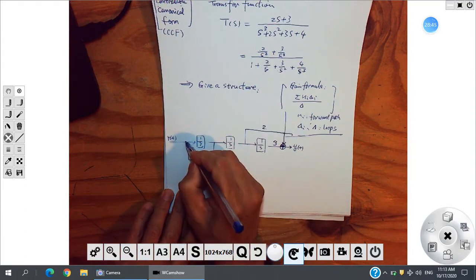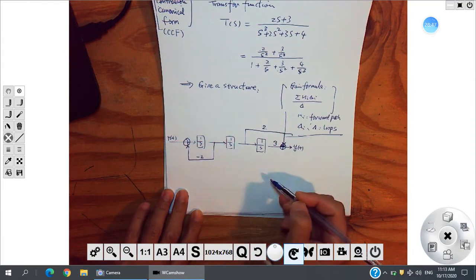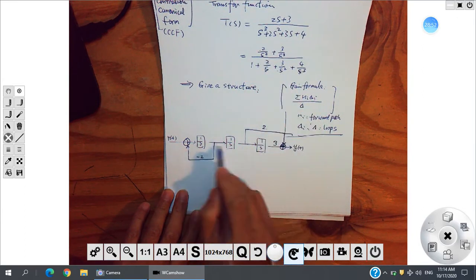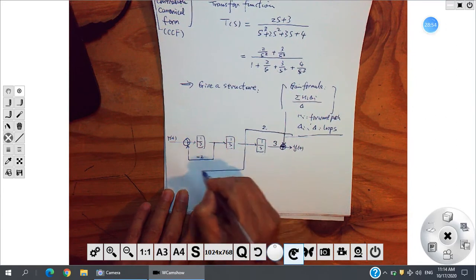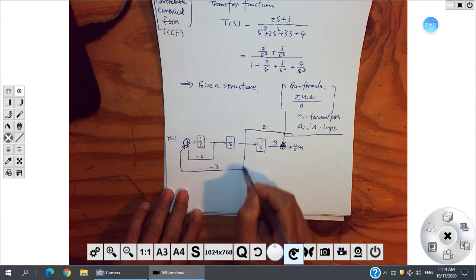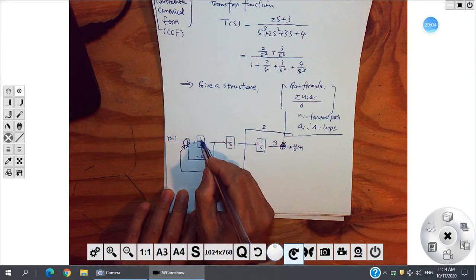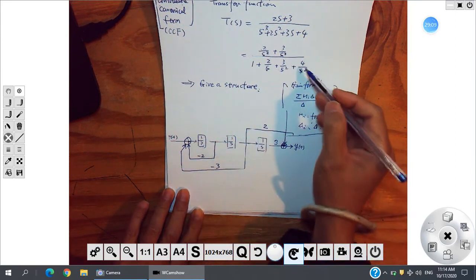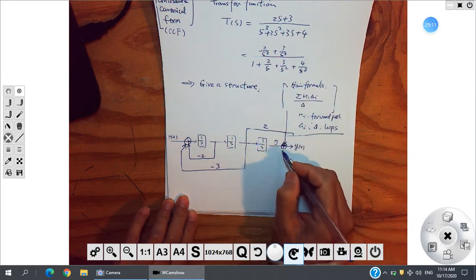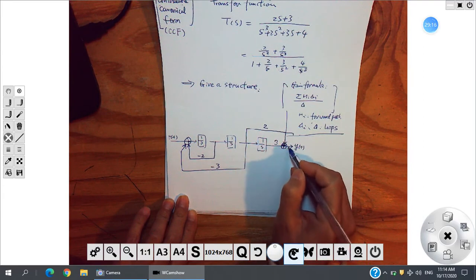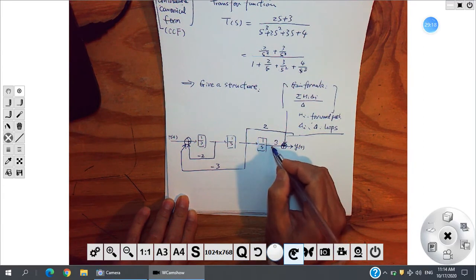And for the second loop, I have 3 over s squared. So I use this s squared and 3. I still go to here. This is the -3. This is also a loop, and this loop is -3 over s squared. Similarly, for the last one, I need 4 over s cubed. Which location is good?